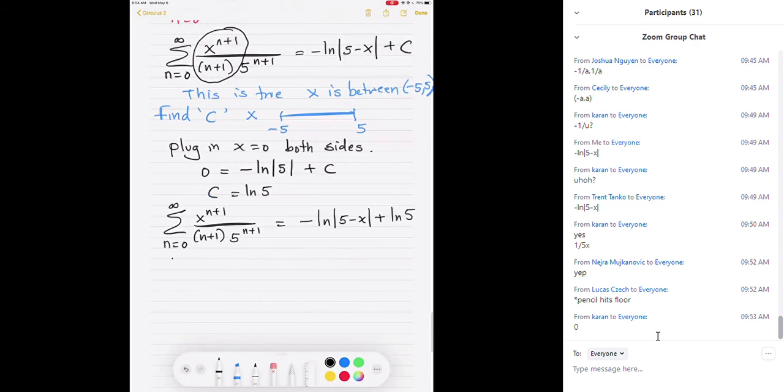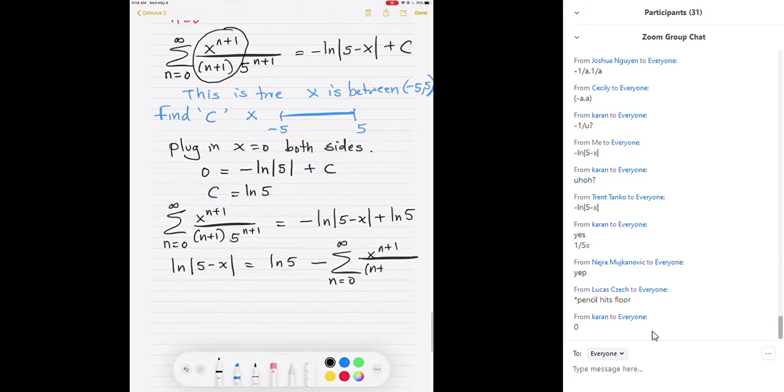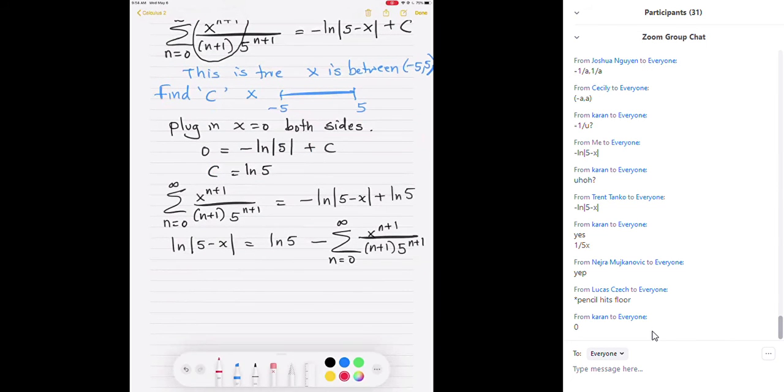So I can say that ln of 5 minus x equals ln 5 minus the summation, and notice how I'm changing the variable here. ln of 5 minus x is ln of 5 minus the summation from n equals 1 to infinity.